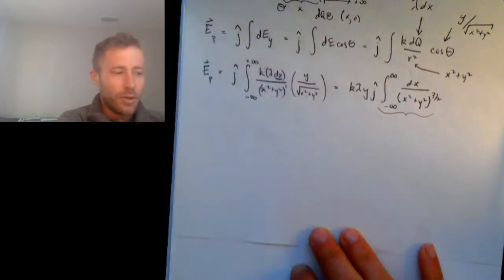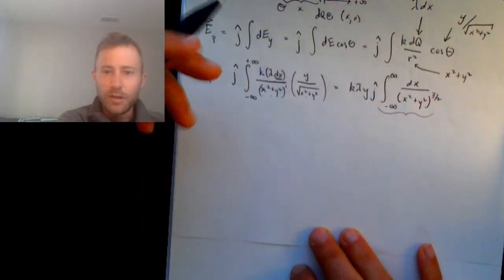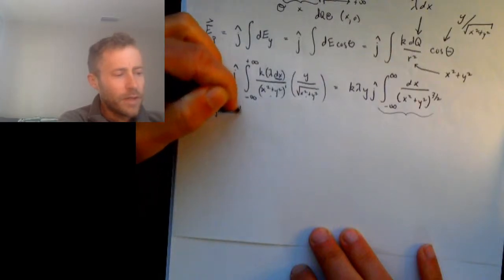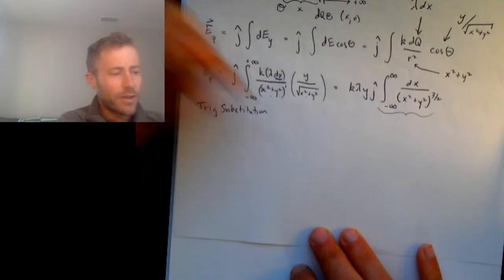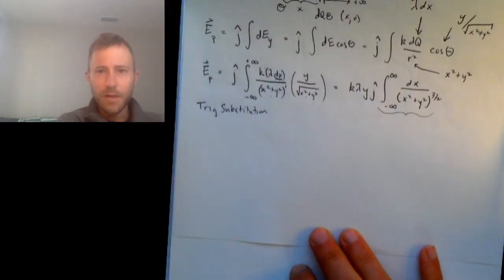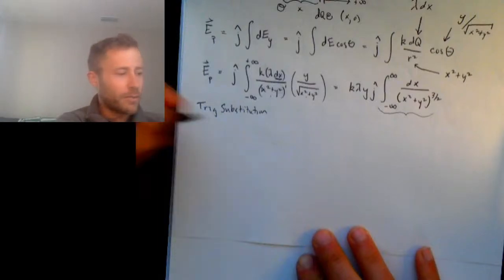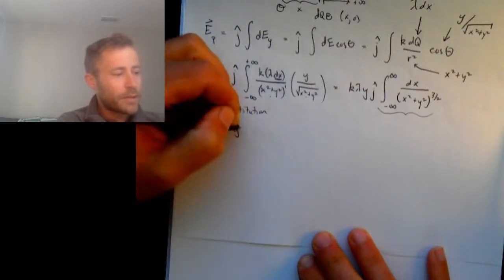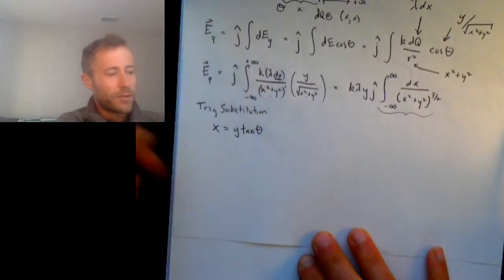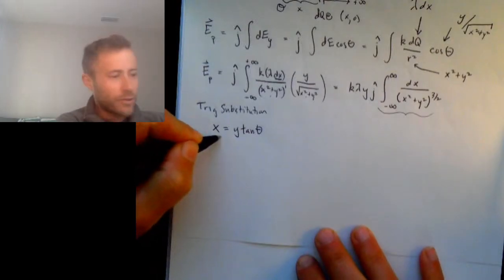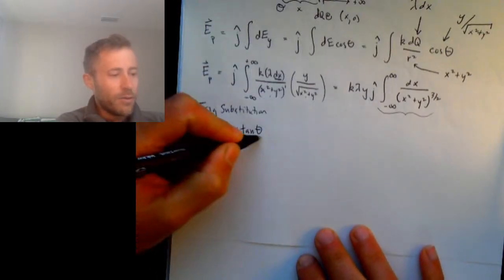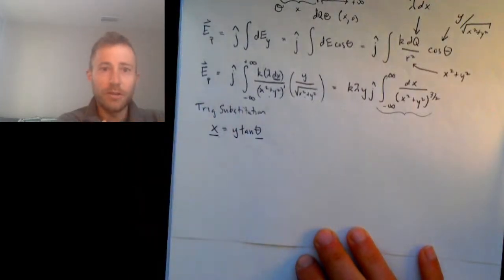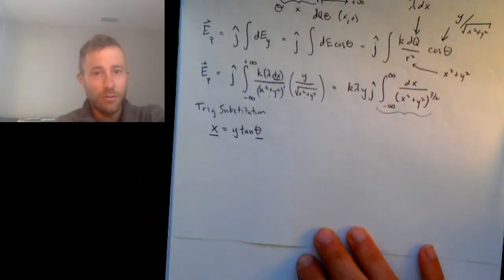The method you want to use for solving this integral is called trig substitution. I don't know if this is in Calc AB or Calc BC. But basically we're going to let x equal y tangent of theta. Our old variable was x, and our new variable is theta. So we're transforming the integral from an integral over x to an integral over theta.